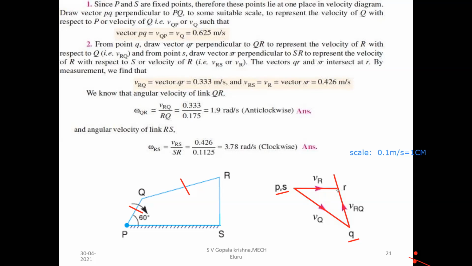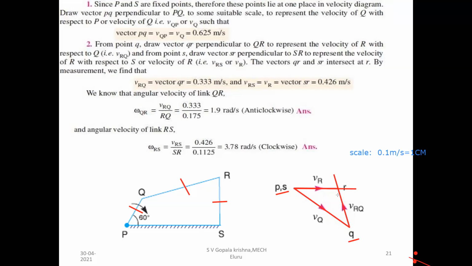Where the intersection with our horizontal line is, draw this perpendicular line. Later S is known, and RS is there, so now you have to take the RS perpendicular, which is similarly a horizontal line.